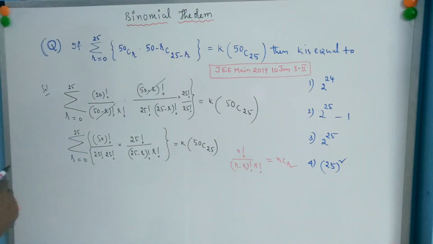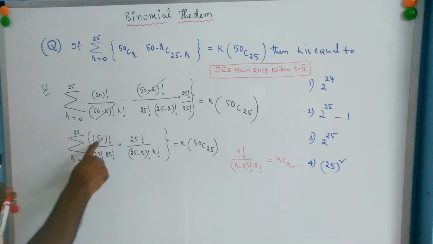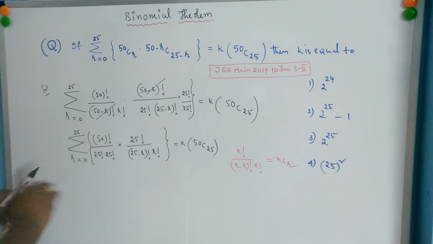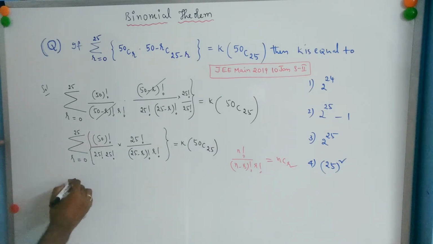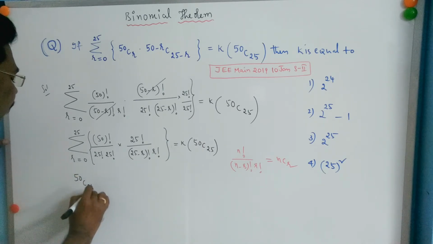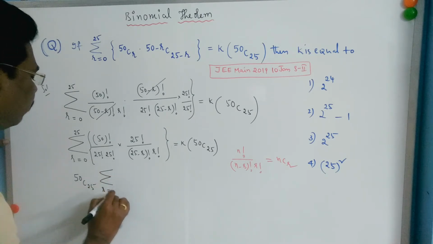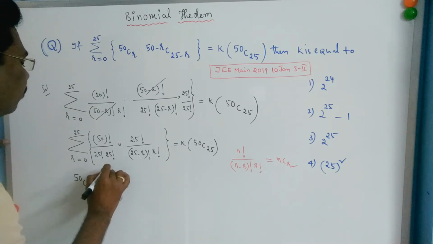This can be written now as 50C25. Now 50C25 sigma r is equal to 0 to 25.